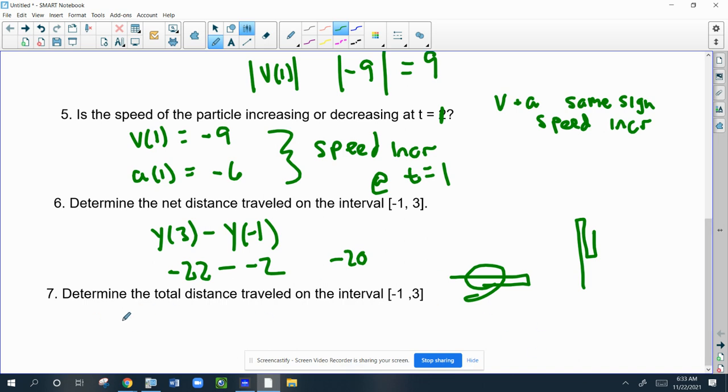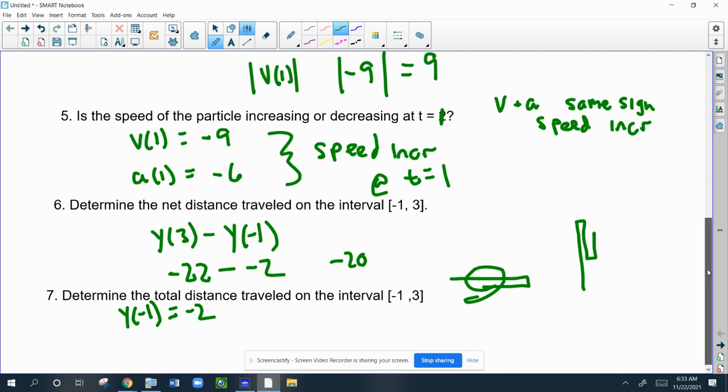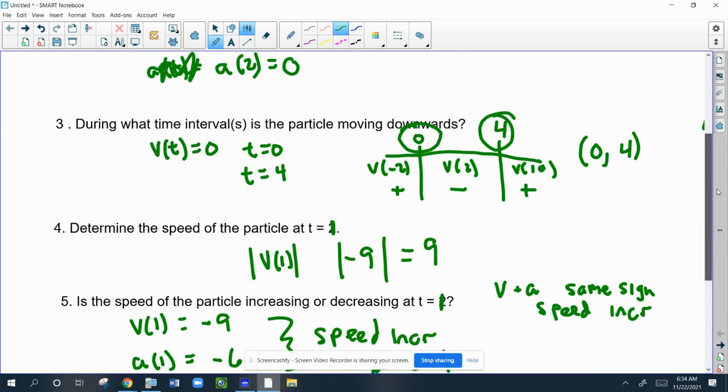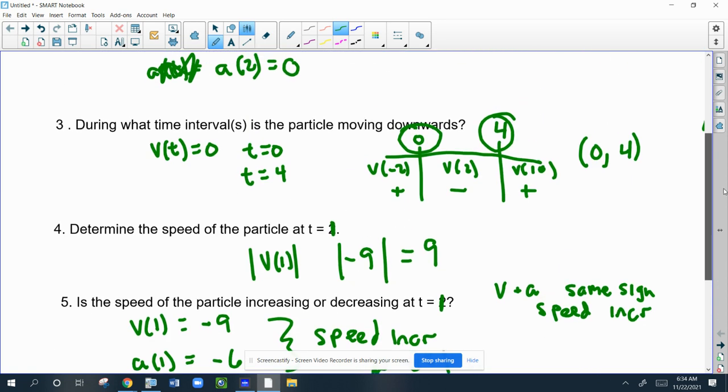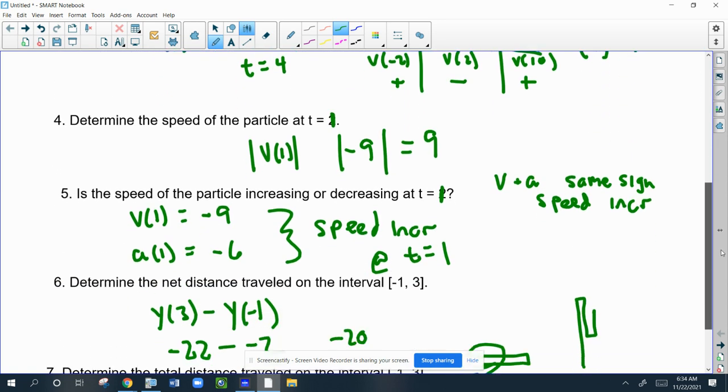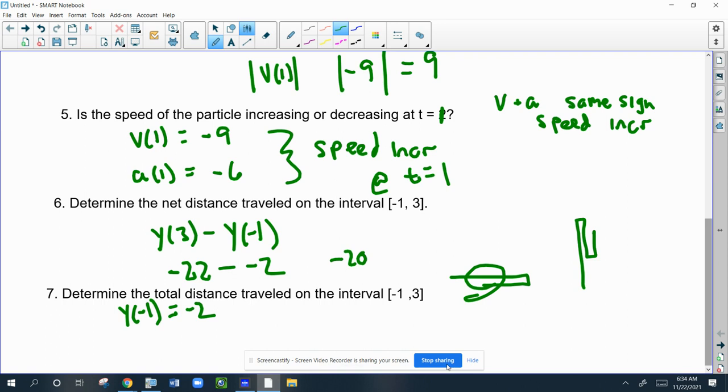Figure out where you started, like what position you were at -1, which we said was -2. And then we're going to end up at y equals 3. But it's important to understand where we're changing directions between that. According to our velocity, we change directions at 0. So that's a key spot.